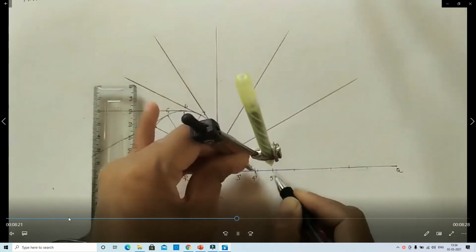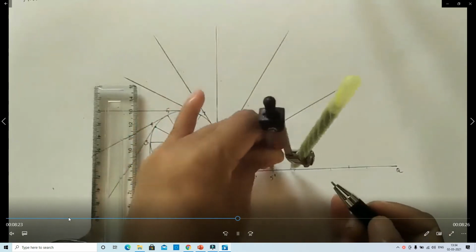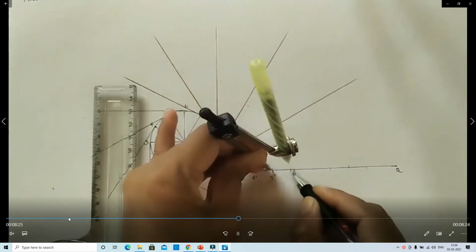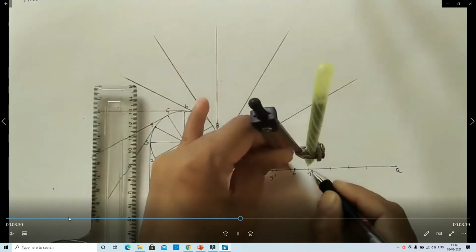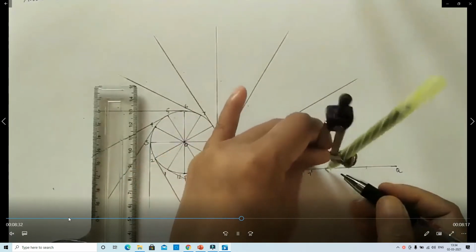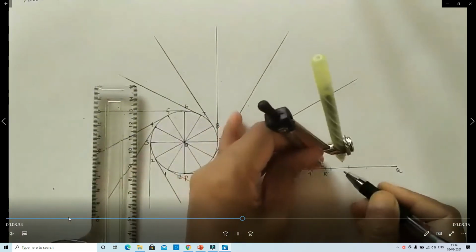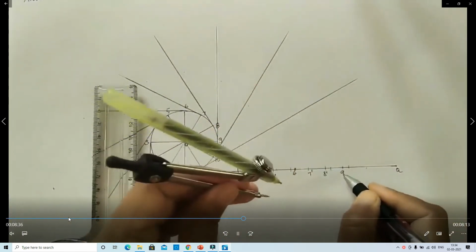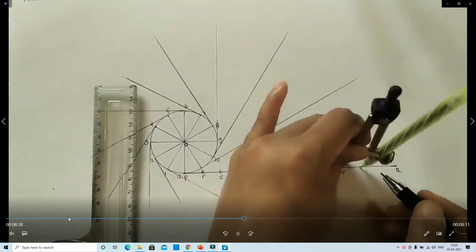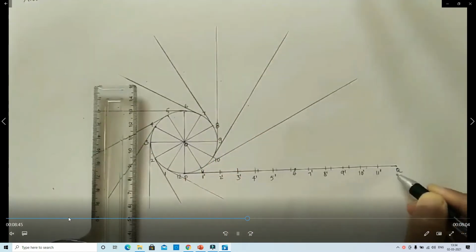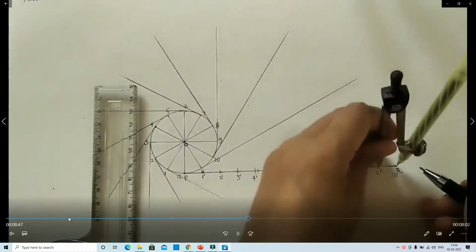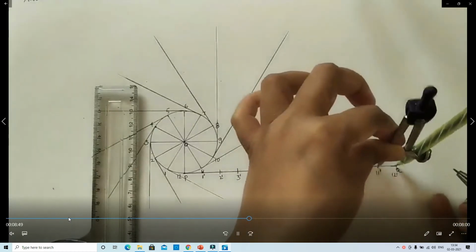Here we identify the points as 1 dash, 2 dash, 3 dash, 4 dash, 5 dash, 6 dash, 7 dash, 8 dash, 9 dash, 10 dash, 11 dash, up to 12 dash. Here Q is the 12, that is the final end point.